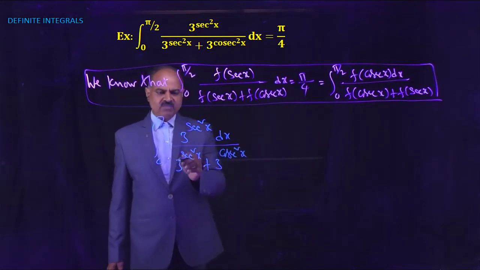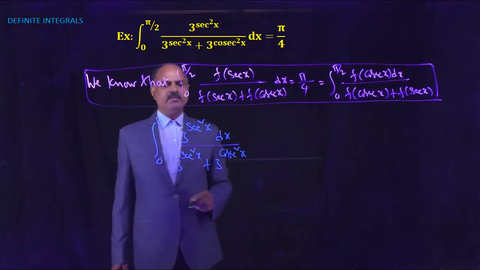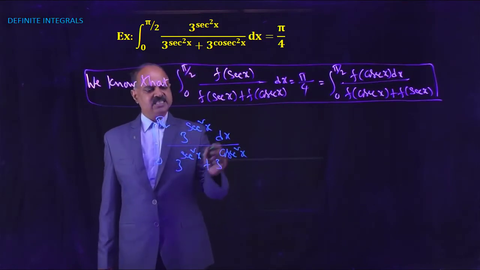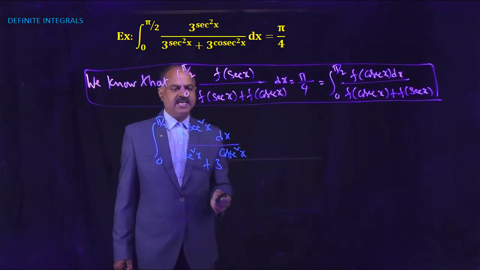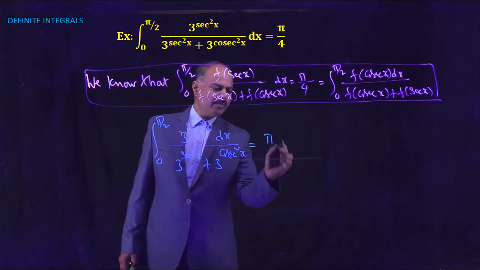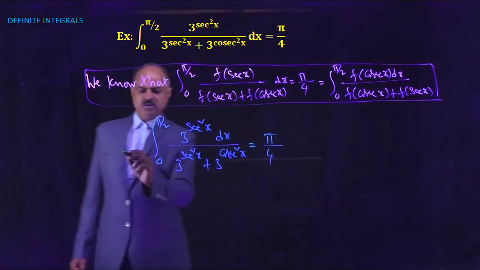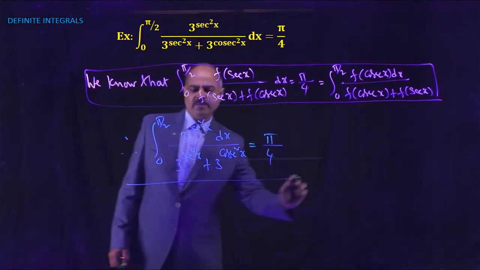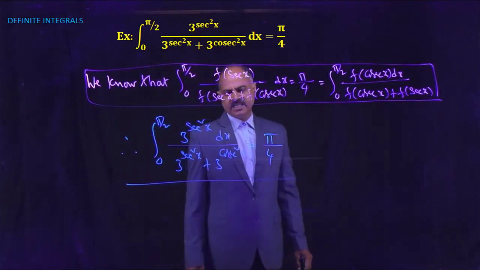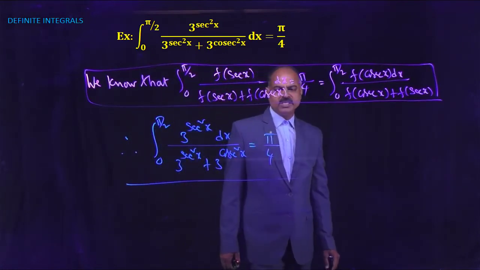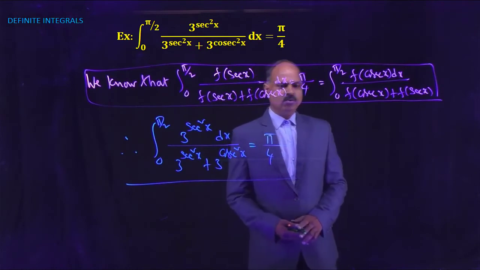Now this is of the form integral 0 to pi by 2 of f of secant x dx by f of secant x plus f of cosecant x. So that is equal to pi by 4. Therefore the integral of 3 power secant square x dx by 3 power secant square x plus 3 power cosecant square x equals pi by 4.